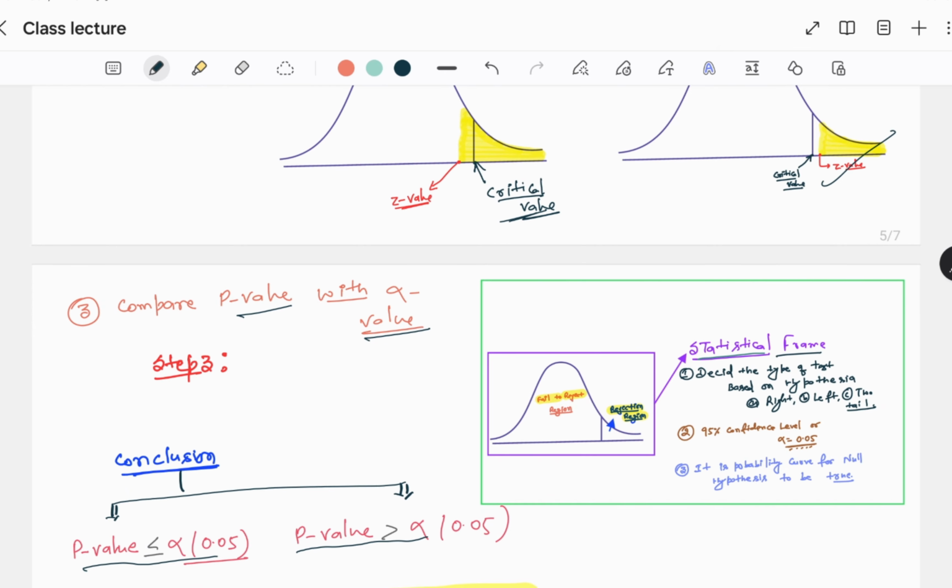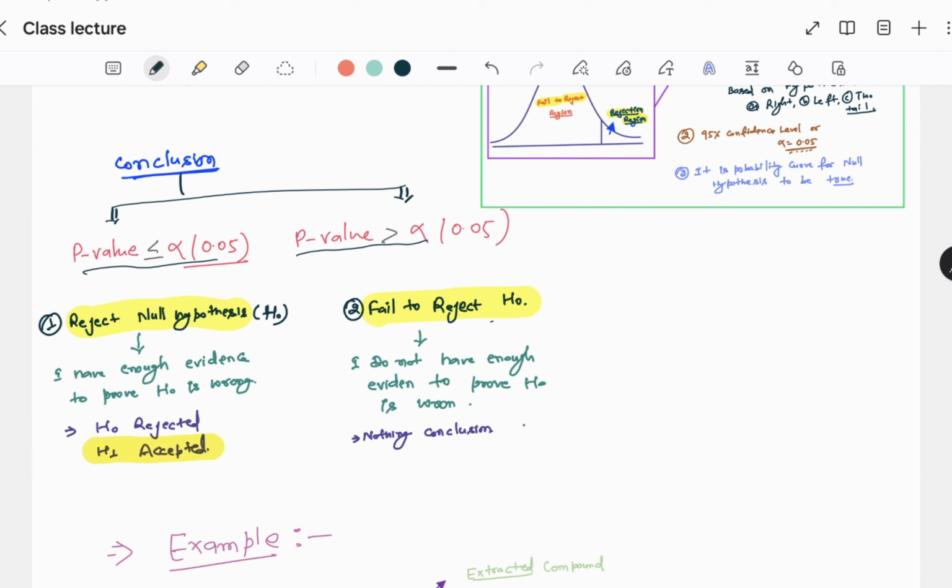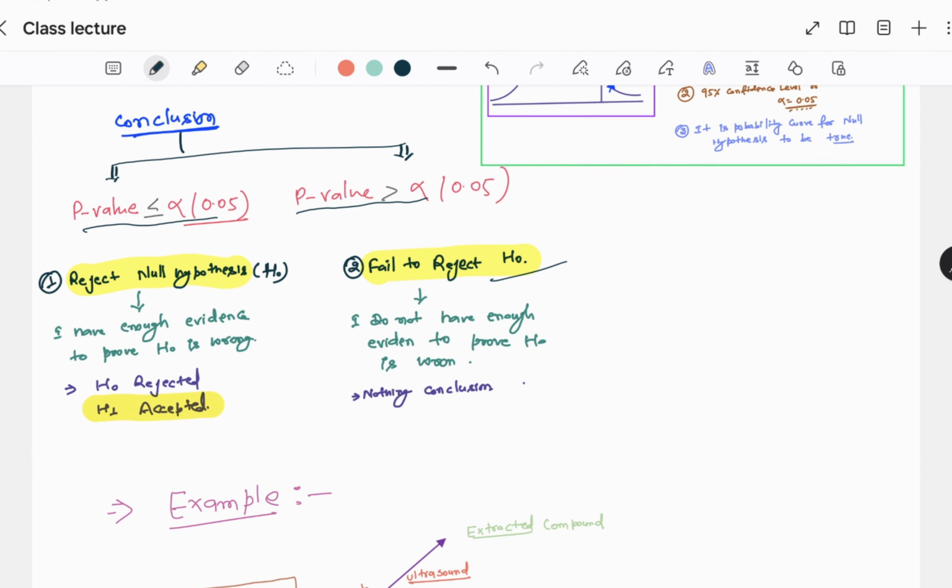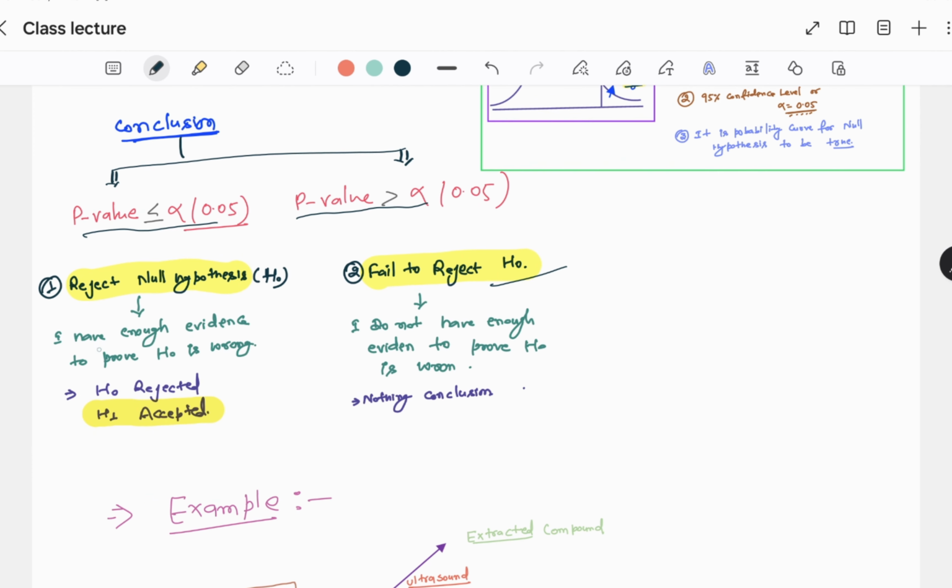So we fail to reject the null hypothesis. In the first case, we have enough evidence to prove that H0 is wrong, so H1 will be accepted. In the second, we cannot say anything.